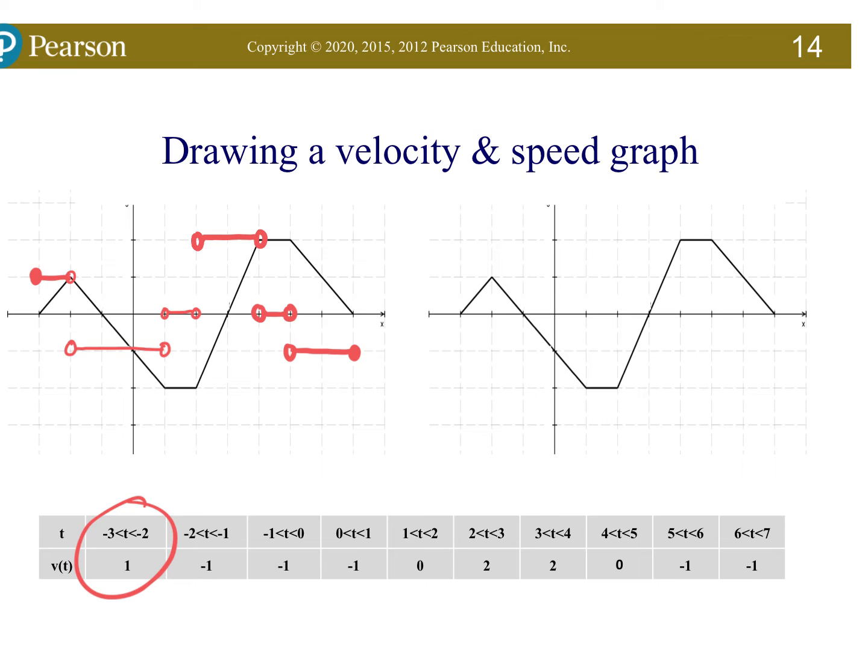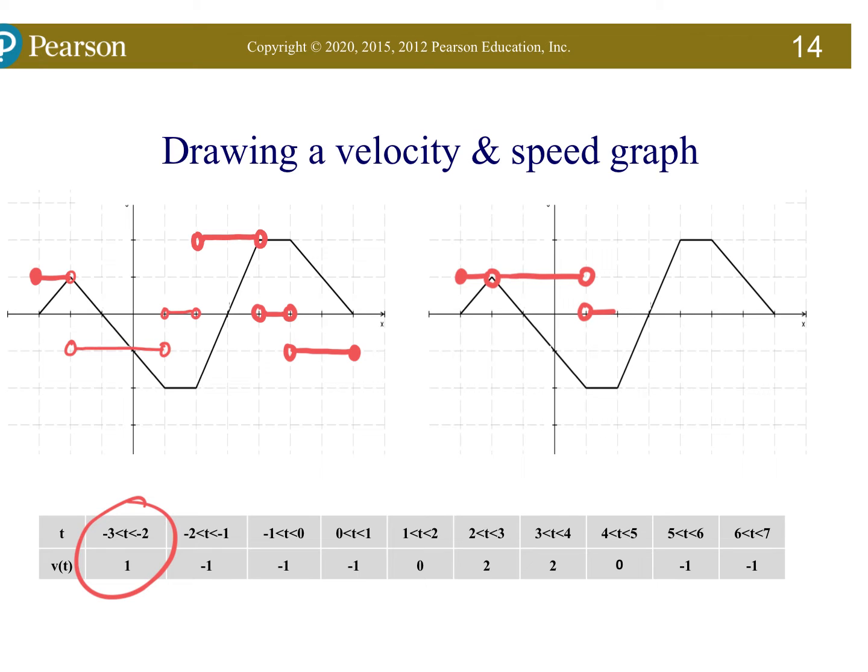So your graph is going to look a little bit different. You're going to have a +1 piece connected with an open circle. And then the next long piece is going to be +1 also, but keep the open circle, because there's still a corner there. So the speed graph is going to look like that. And then we still have rest.